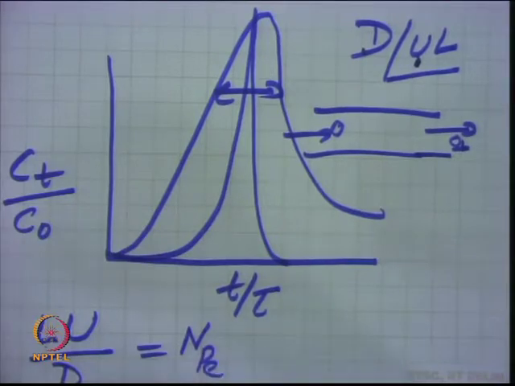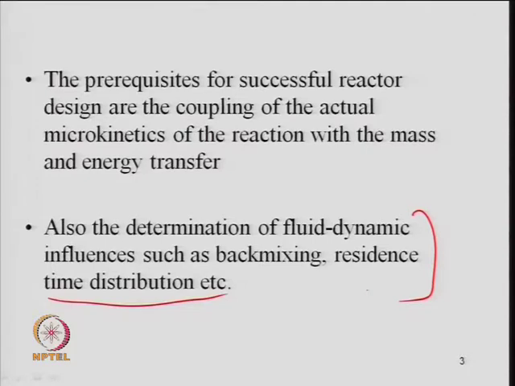This gives some idea about the degree of dispersion or back mixing in the case of a plug flow reactor. So, we need to consider these hydrodynamic studies and residence time distribution in a reactor, in order to understand the flow behavior inside a reactor even under cold conditions.